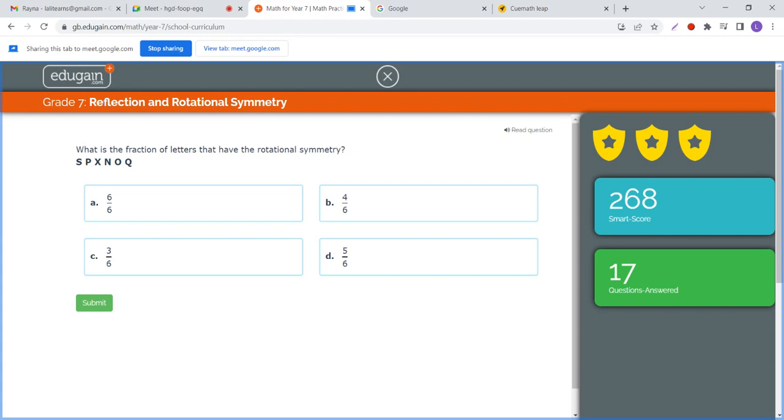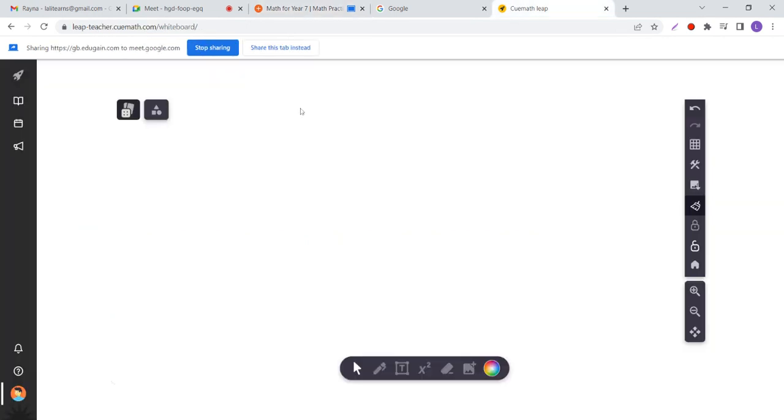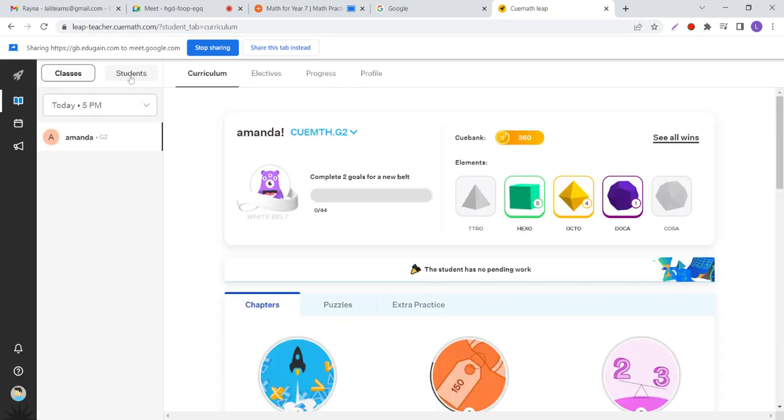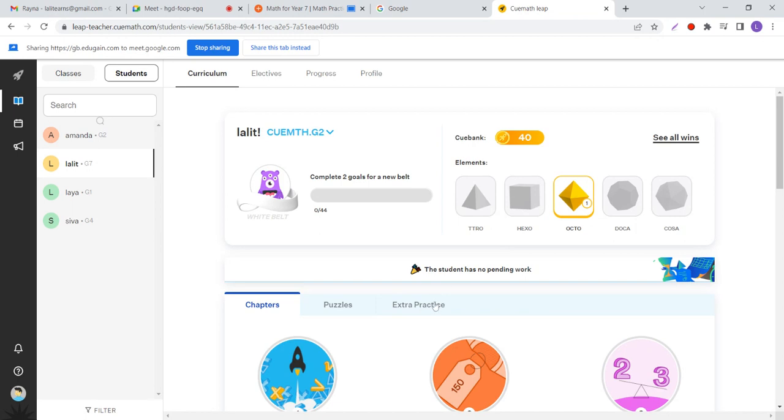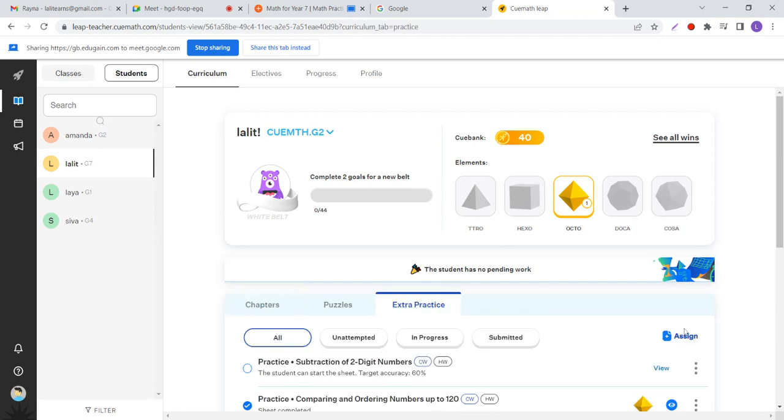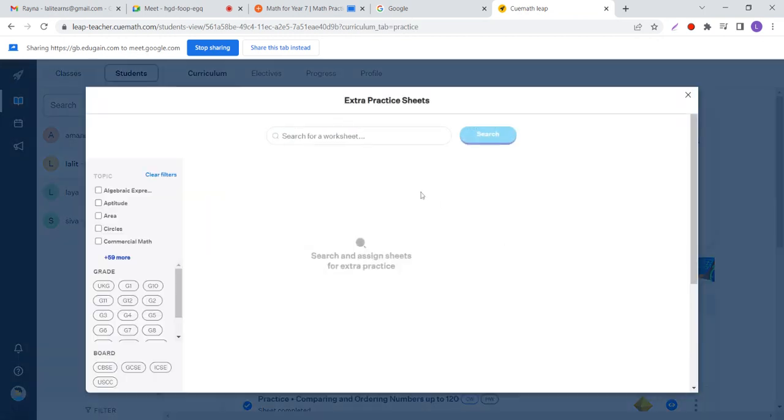What is the fraction of letters that have rotational symmetry? Three out of six. Which ones are those?